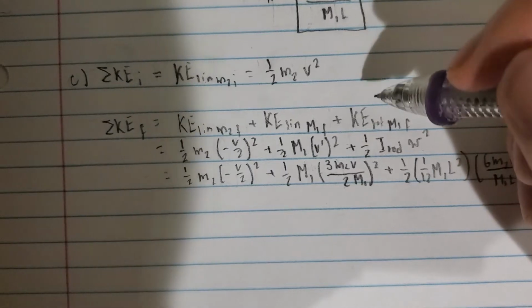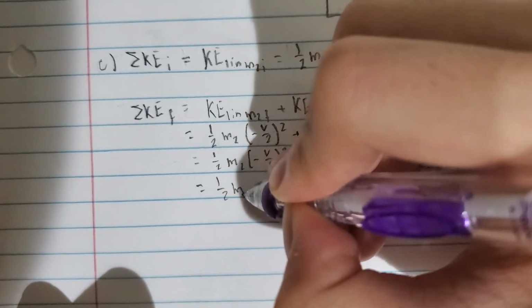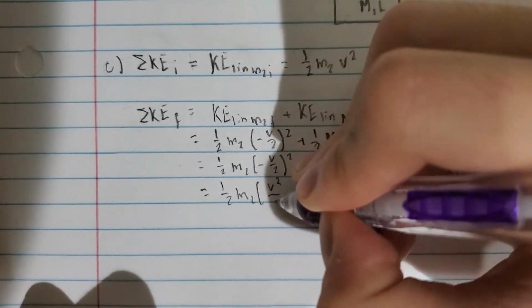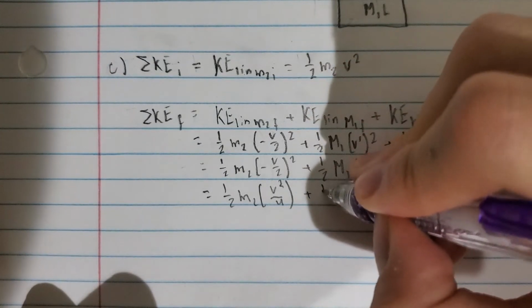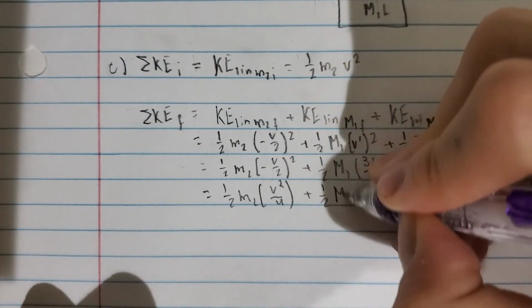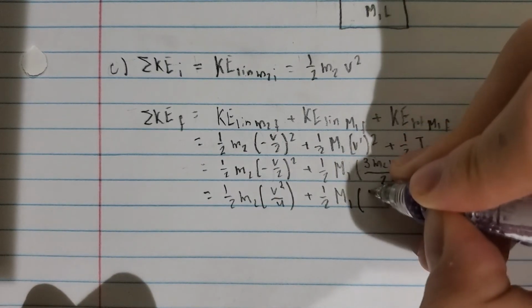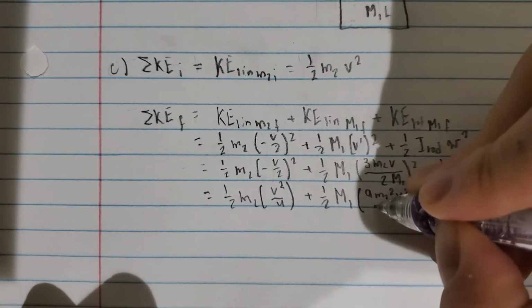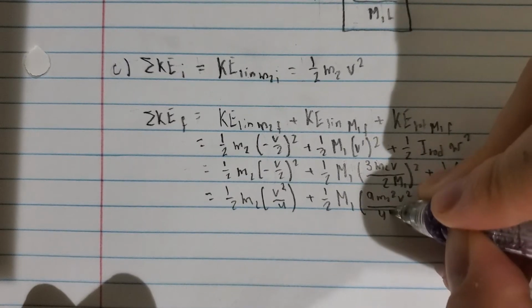So the first term, 1/2 times M2, distributing the square, I'm going to have V squared over 4. For this term, I'm going to distribute the square as well, so 9 M2 squared times V squared over 2 squared, which is 4 M1 squared.